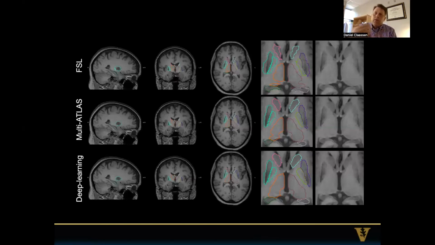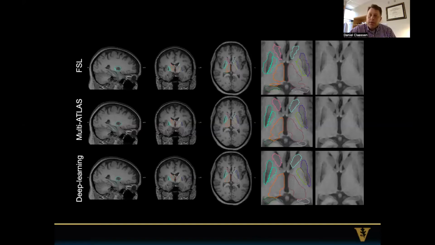So the computer learns how to handle different situations and different contrasts across borders to get an even better estimation. This is an example where we conducted an artificial intelligence approach to come up with better segmentation of MSA, and we found that it worked even a little better than the multi-atlas. So it's an ongoing process.